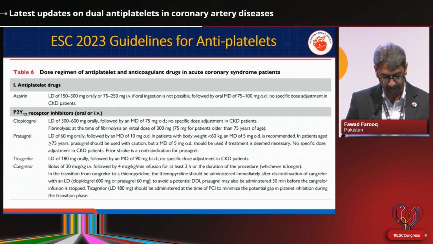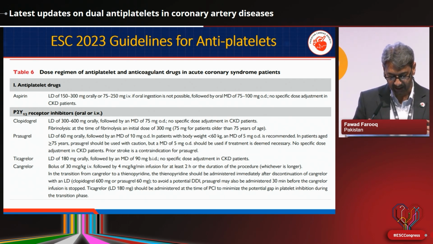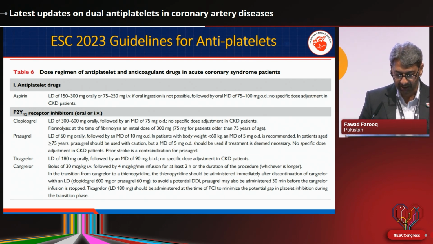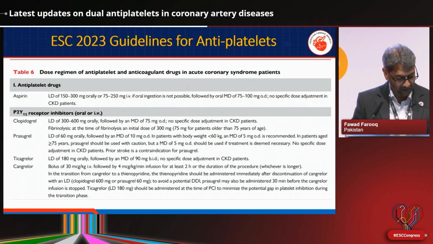If your patient has a lesser weight, then the maintenance should be 5 milligram OD. In patients aged greater than 75, prasugrel should be used with caution, but a maintenance of 5 milligram should be used if treatment is deemed necessary.